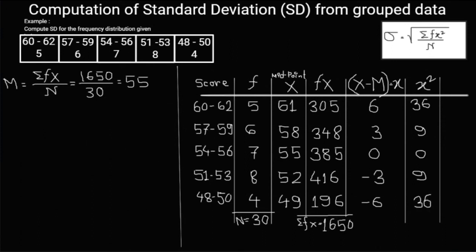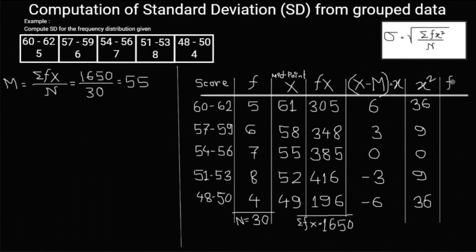Well, again we go back to our formula and see there is fx square. Now the next thing to do is multiply the x square and the frequency columns.